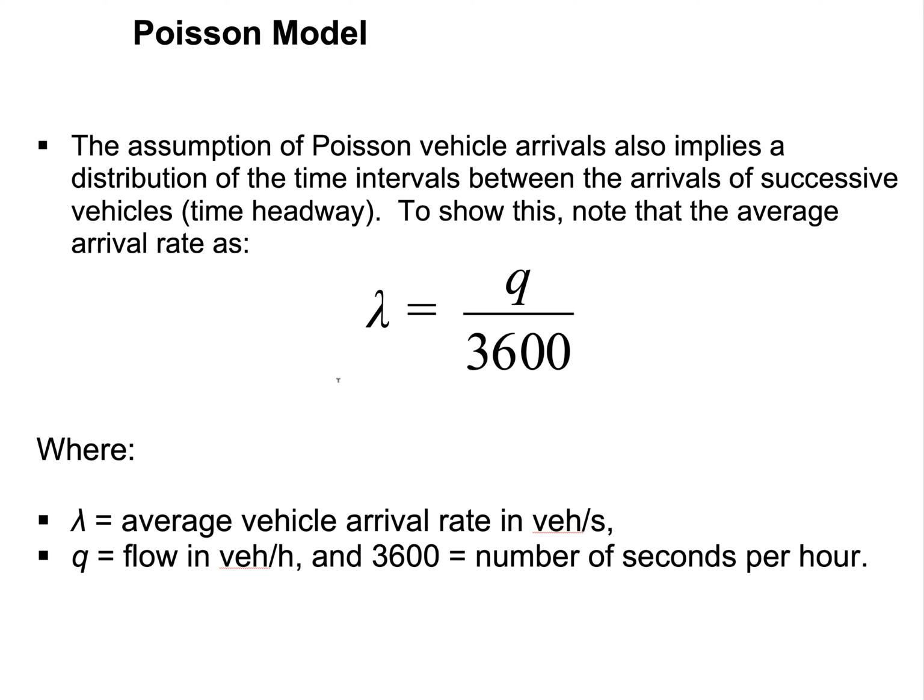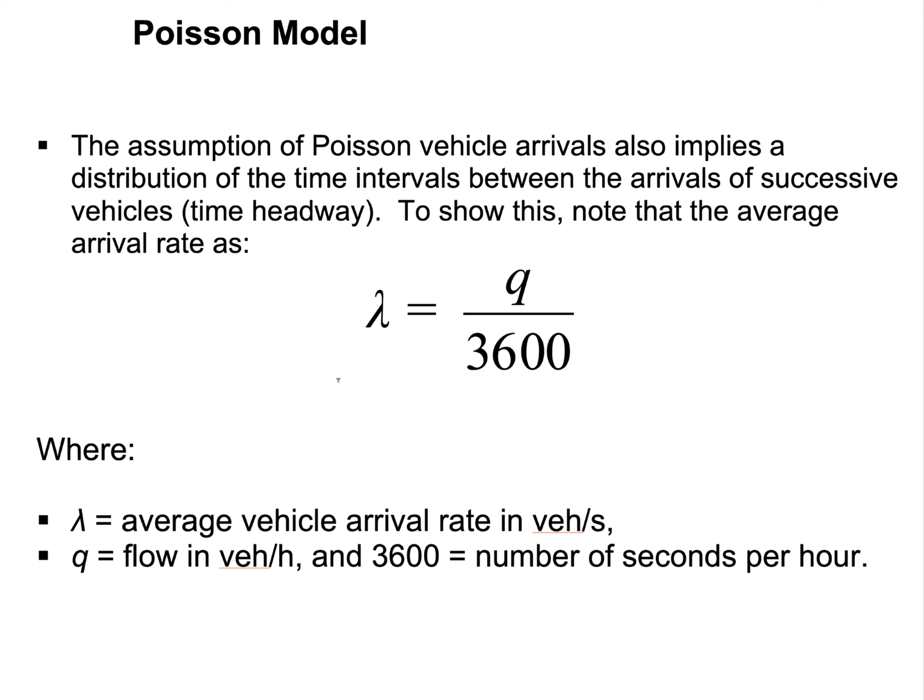The assumption of Poisson vehicle arrivals also implies a distribution of the time intervals between the arrivals of successive vehicles, known as the time headway, which we learned about before. To show this, note that the average arrival rate lambda is q divided by 3600.